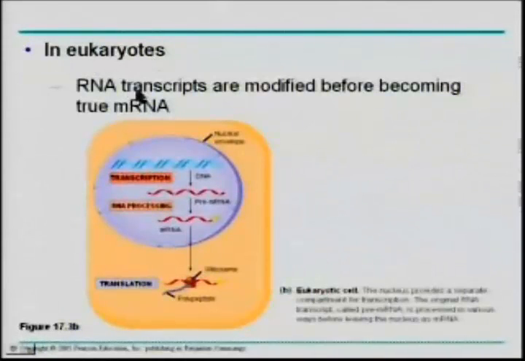In eukaryotes, the RNA transcripts are modified before becoming true mRNA, or mature mRNA, or functional mRNA, whichever term you want to use. So here, eukaryote, we recognize the nuclear envelope, and the DNA is transcribed to make pre-mRNA.